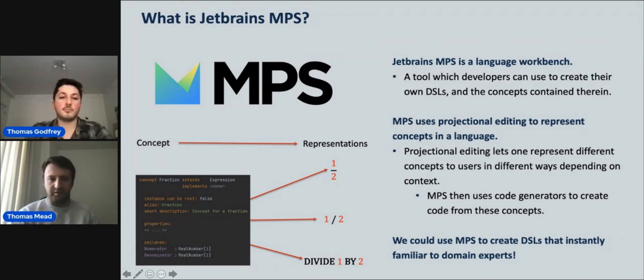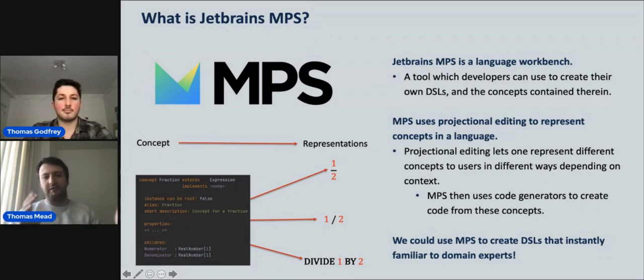So, for example, I've got a concept in MPS, a fraction, that I want to have in my language, and I can change how this is presented to users depending on the specific context. So you can have your fraction represented with a numerator on top and a denominator on bottom. You can have it like this as you write code, or you can even, if you're feeling cruel, have it written out in text.